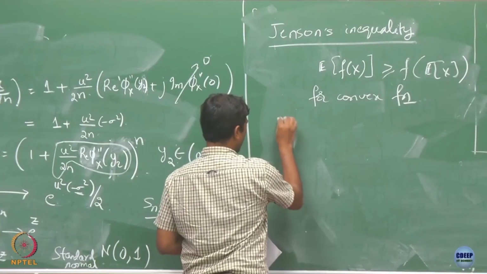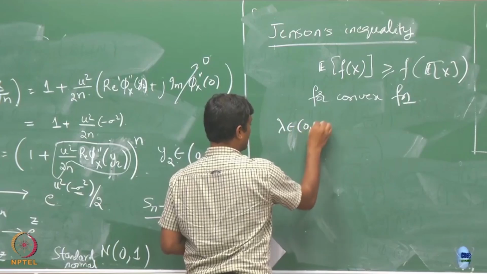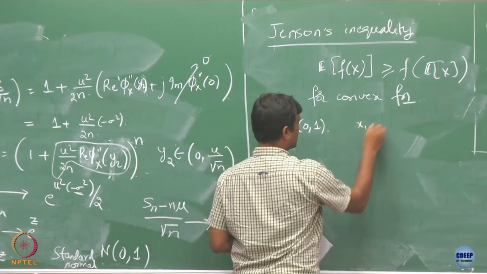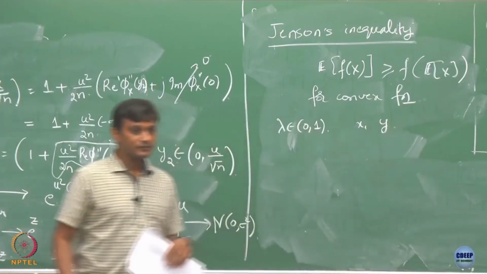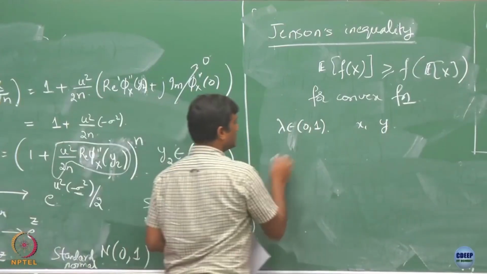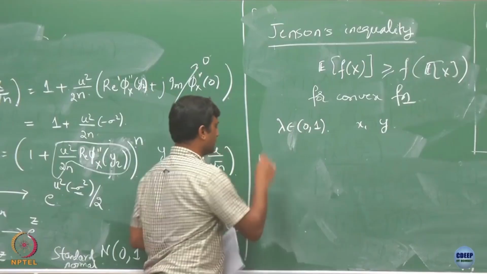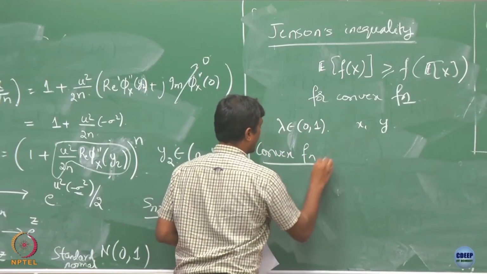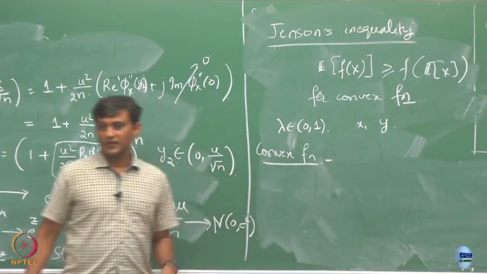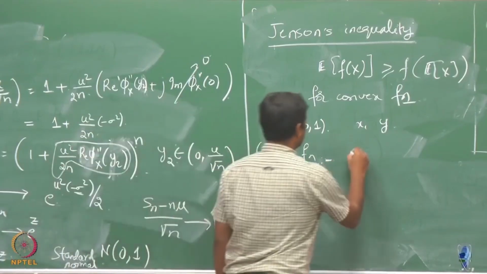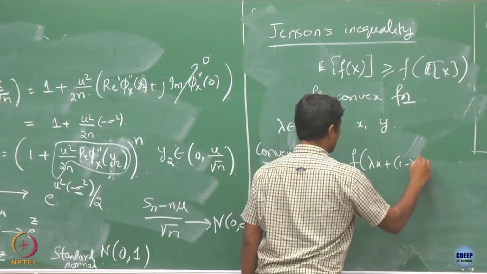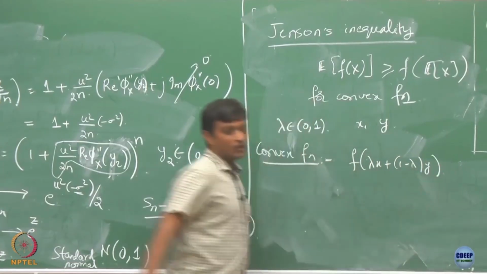So let us take any lambda between 0 and 1 and let us take two values. So I am defining a convex function now. If I am going to take lambda x plus 1 minus lambda y, what is this going to be?